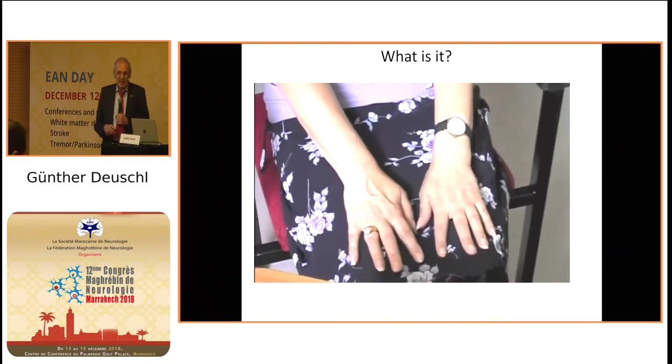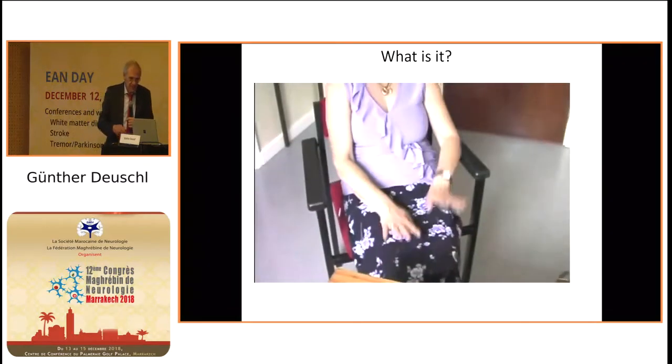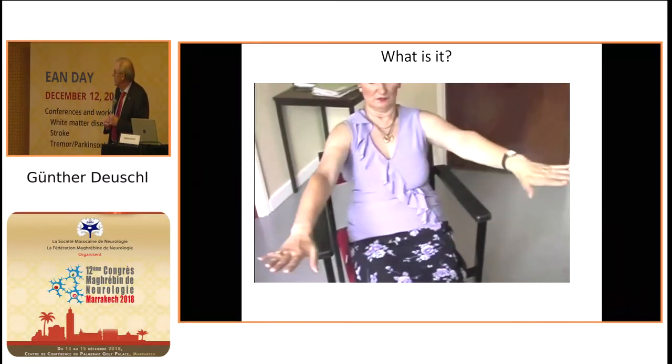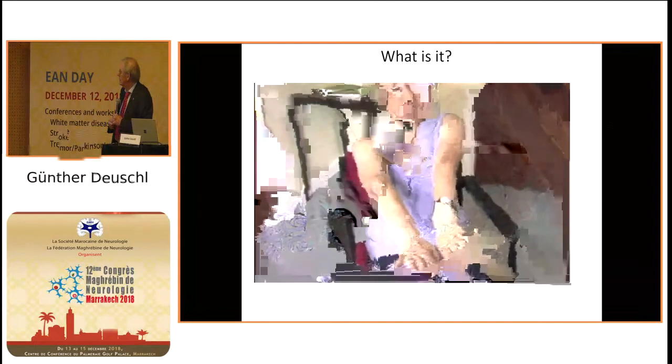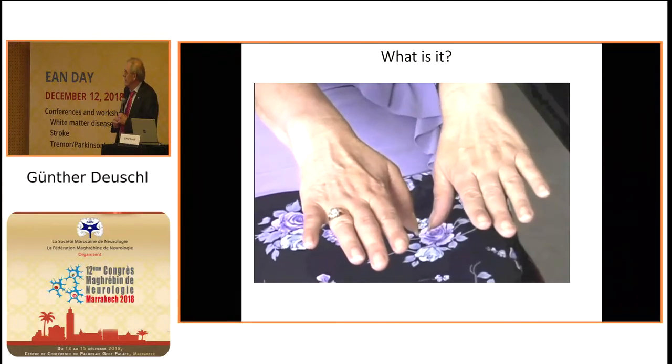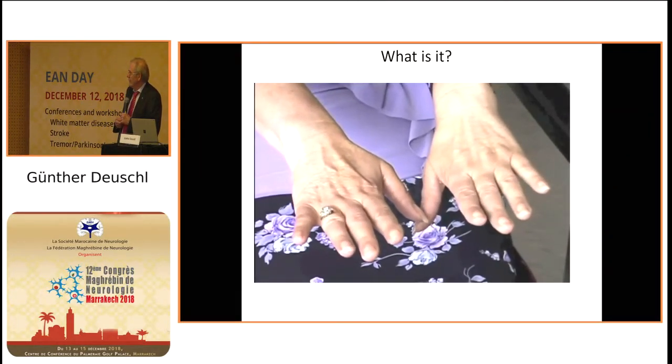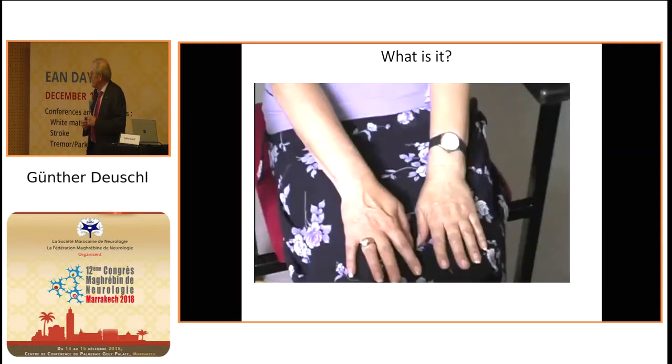Have a look at this lady first. This lady had tremor during the resting condition. She also had tremor during the postural condition if she had the hands put forward longer, but in between there was a break. What is it? It is a re-emergent tremor.